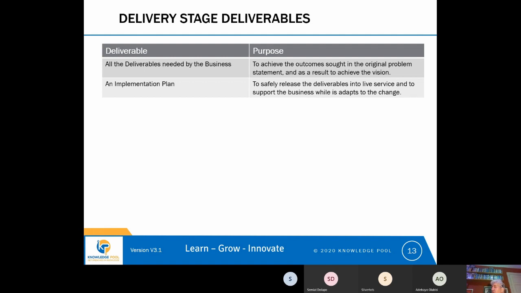Does the project want to stop early, or is it going to run to its planned conclusion? But the only time that the deliverables to be created during the delivery stage would be unclear as you come into delivery would be if you're using Agile. That's the only time. So any questions on delivery stage?